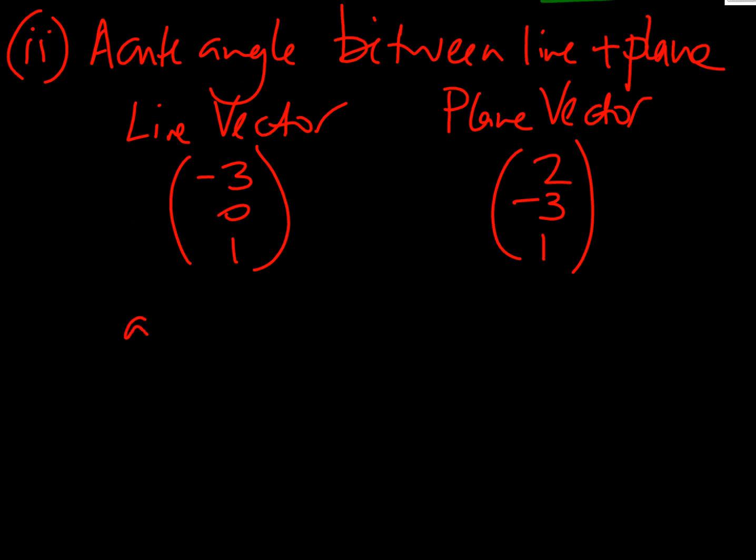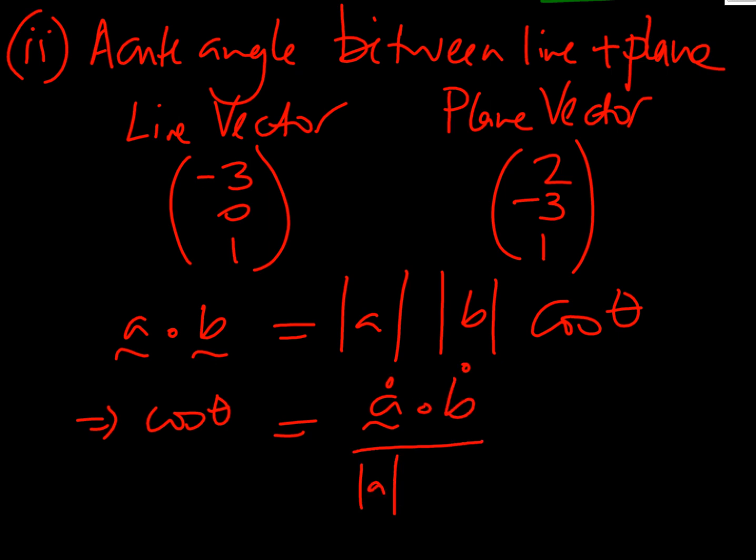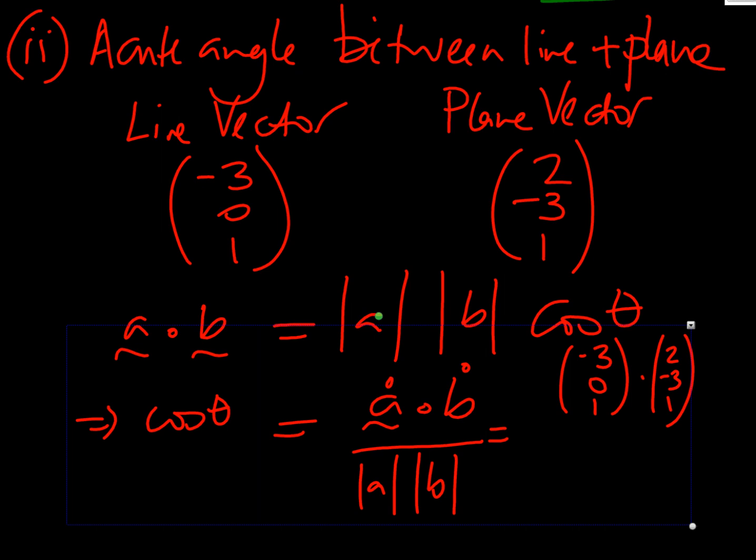And what we're going to use these for? Well, we need to use our scalar product, that a dot b will be the modulus of a, modulus of b, cos theta. So therefore cos theta is going to be equal to a dot b over the modulus of a times the modulus of b. So the top's going to be minus 3 times 2, plus 0 times 3, plus 1 times 1.